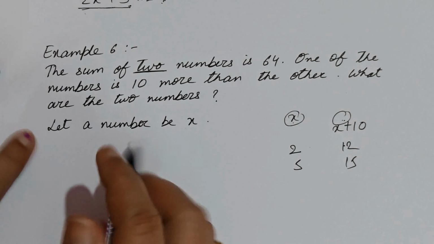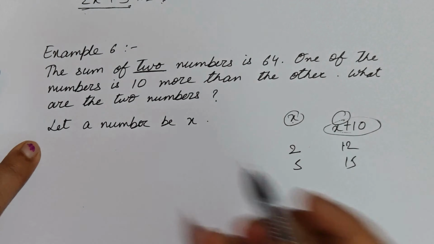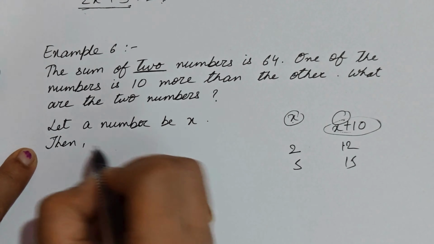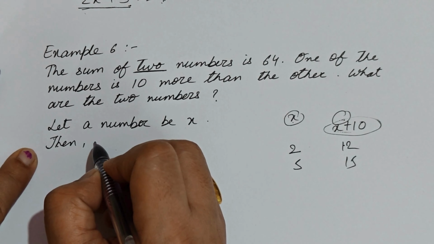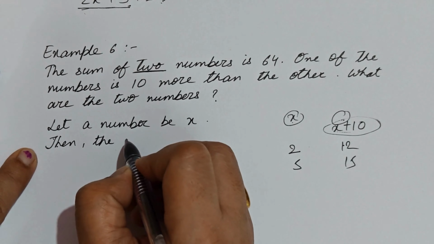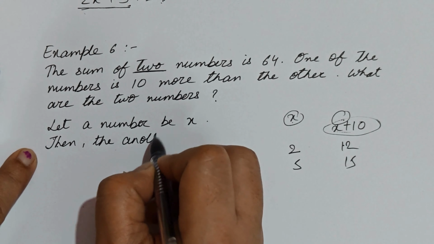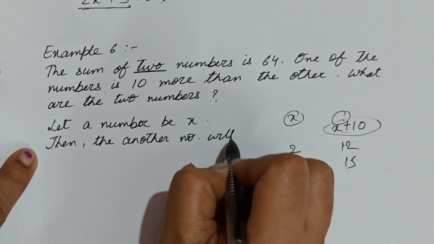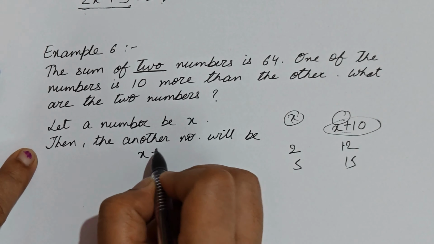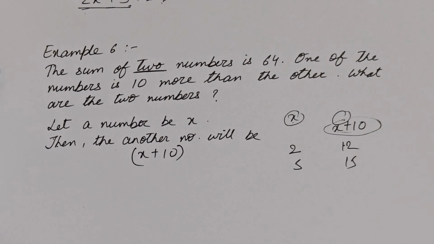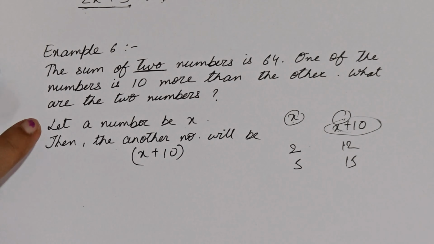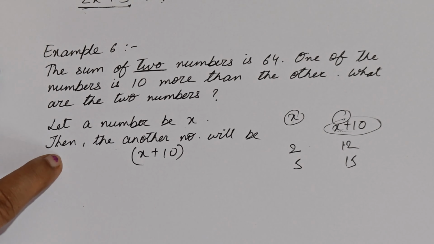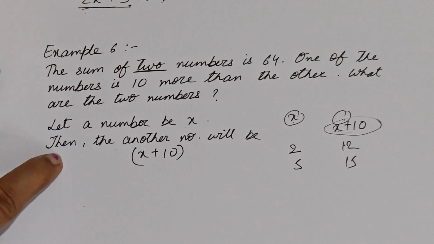So we will write the second number in this form. Let a number be x, then the another number will be x plus 10.